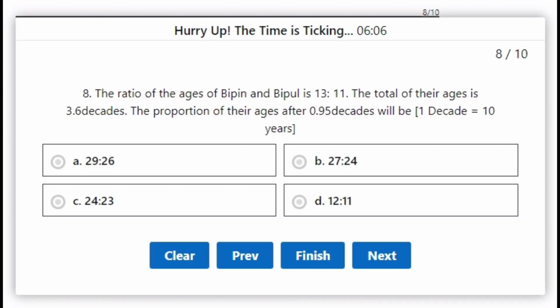Now, our 8th question is, the ratio of the ages of Bipin and Bipul is 13:11. The total of their ages is 3.6 decades. The ratio of their ages after 0.95 decades will be?